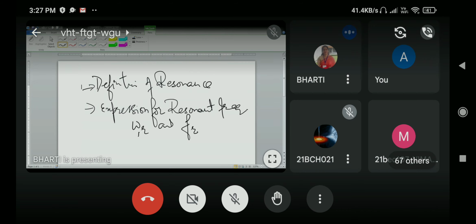So this was in radians per second, and this was in hertz. Okay, so these two things we discussed about these two expressions.